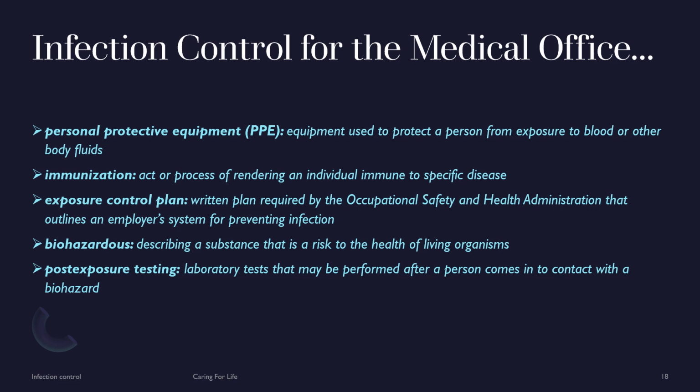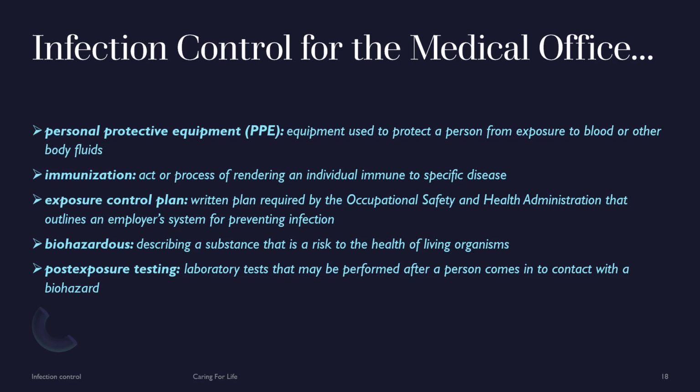Immunizations, those help protect you, creating an immune response to specific diseases. You'll have to go with your facility's policies about what type of immunizations they want you to have. An exposure control plan is the written plan required by OSHA that says, okay, if something were to happen, this is what we need to do, and hopefully prevent further infection.